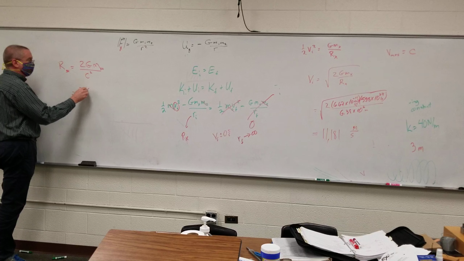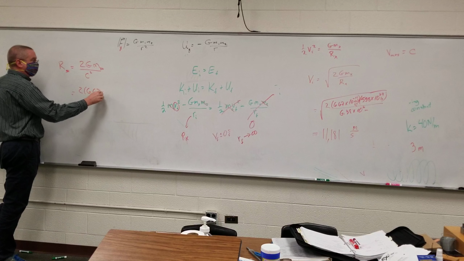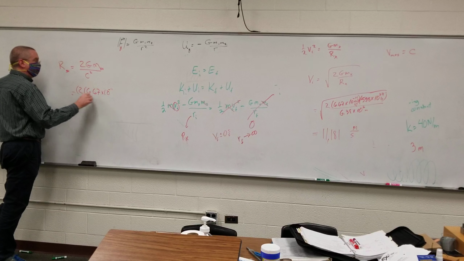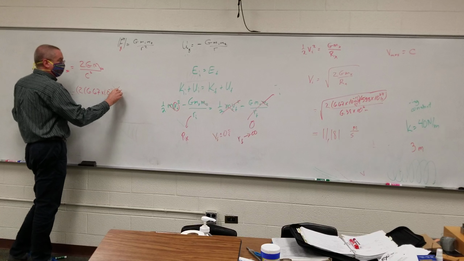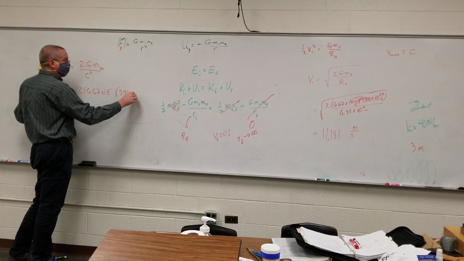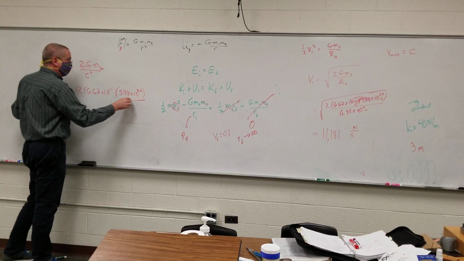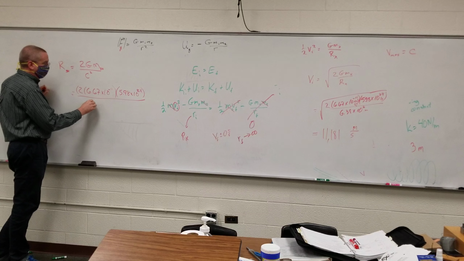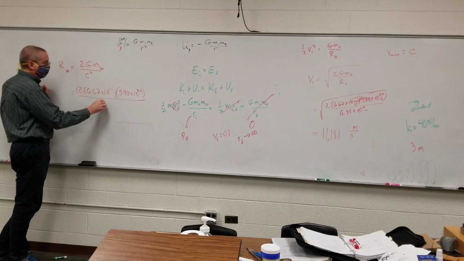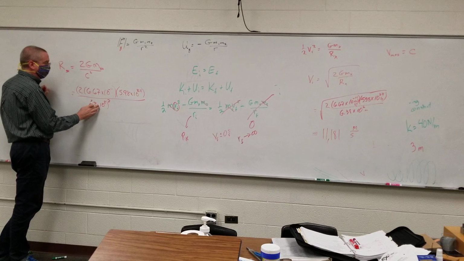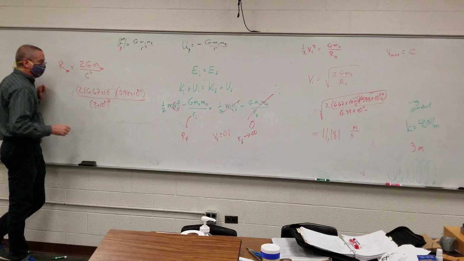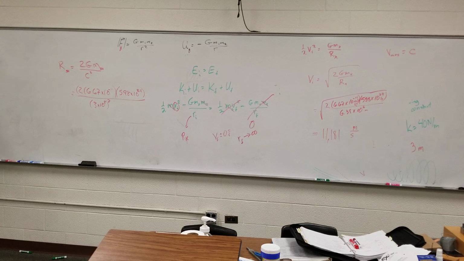So this is 2 times, let's take the Earth, 6.67 times 10 to the negative 11th, times mass of the Earth, 5.98 times 10 to the 24th, divided by 3 times 10 to the 8th squared. There is an exact value for the speed of light, but this is good enough for what we're doing here.